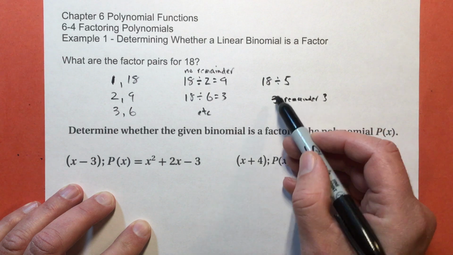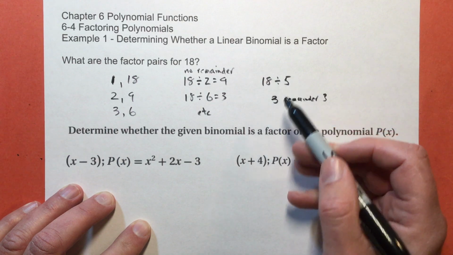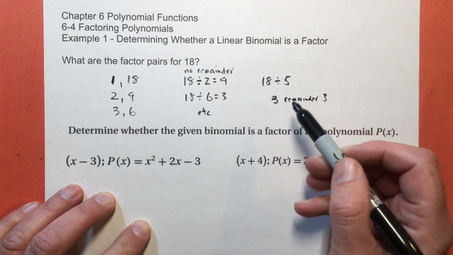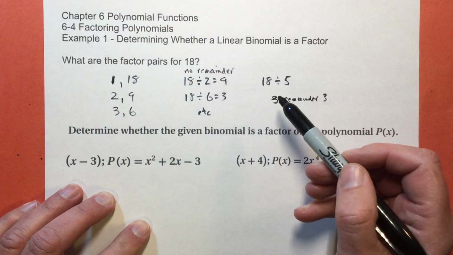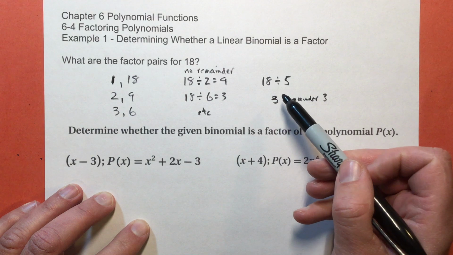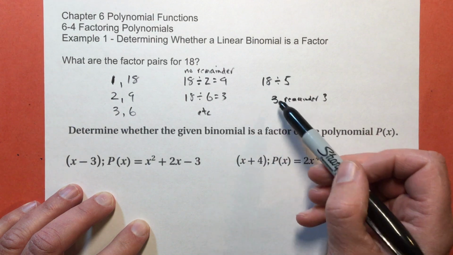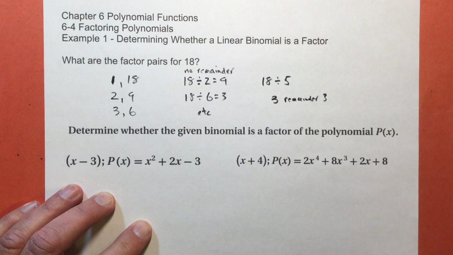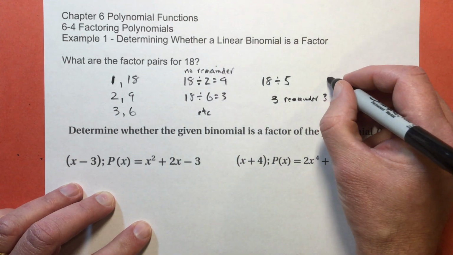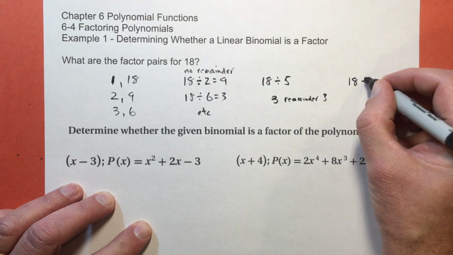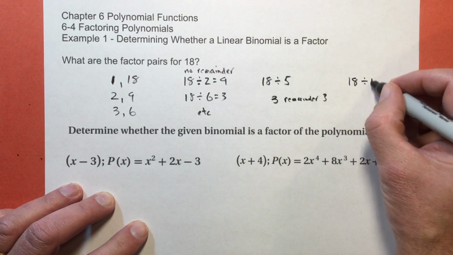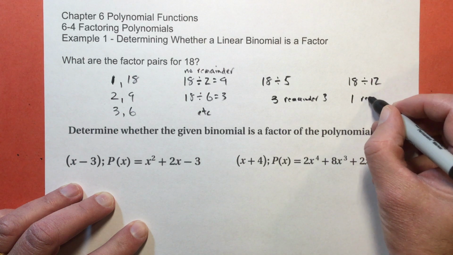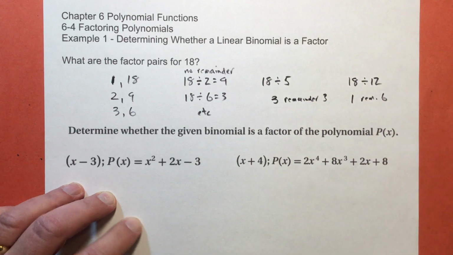That's because 3 times 5 is 15. 4 times 5 is 20, so that's too many times. What's the most number of times you can multiply 5 and still be under 18? That's 3. How many are left over? 3. What if I did 18 divided by, let's say, 12? So that would be 1 with a remainder of 6.